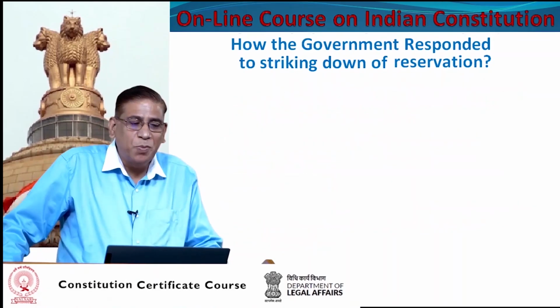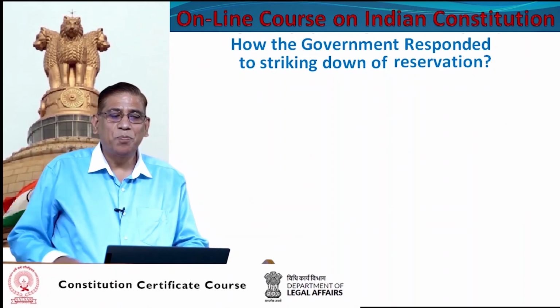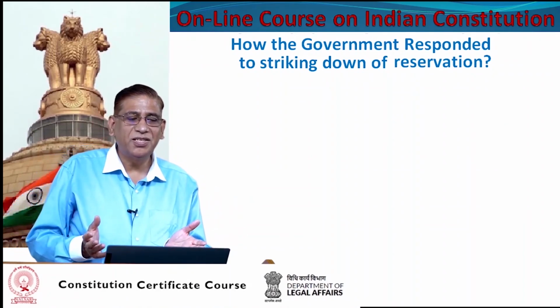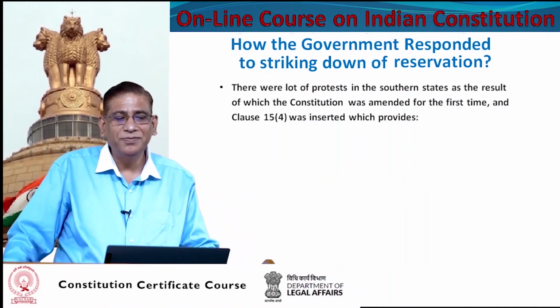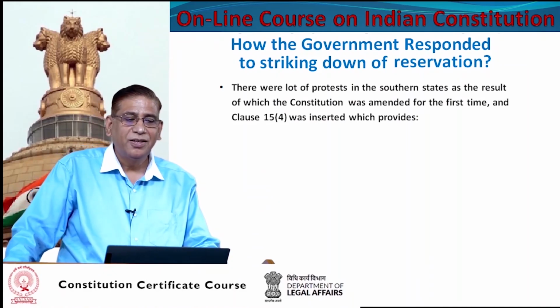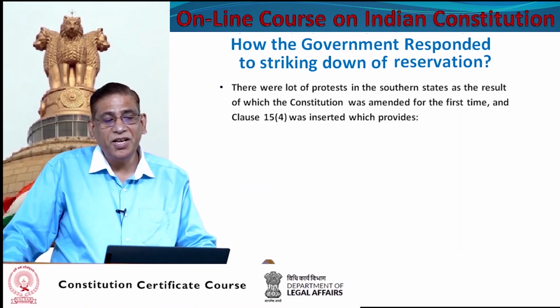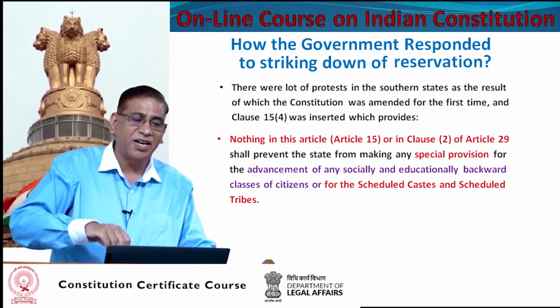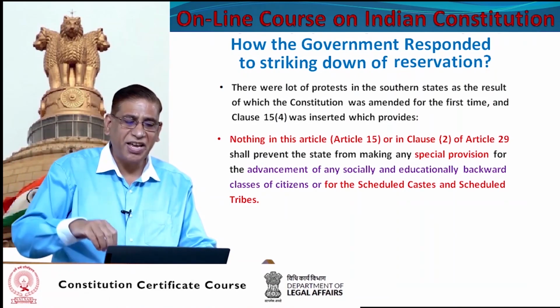What was government's response? There were protests in southern states as a result of this judgment, and accordingly the constitution was amended, and in Article 15 Clause 4 was inserted. What did it say?